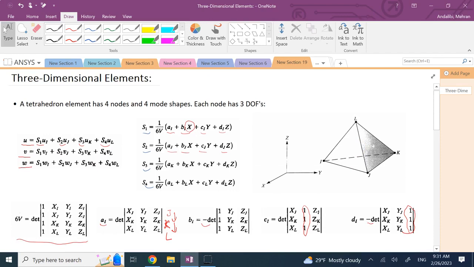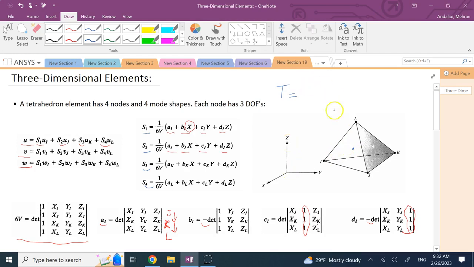Now if you have any other physical quantity that you want to describe, let's say instead of U, V, and W you are looking at temperature distribution, since these tetrahedrons are used in 3D heat transfer problems, then how would you write T at any point inside for which the coordinates are X, Y, and Z?